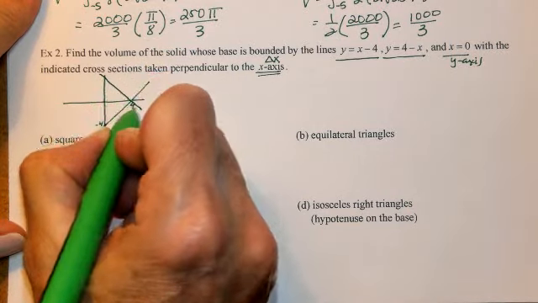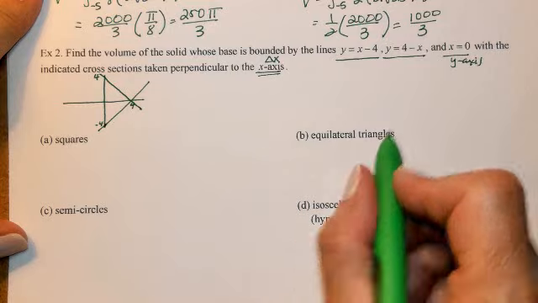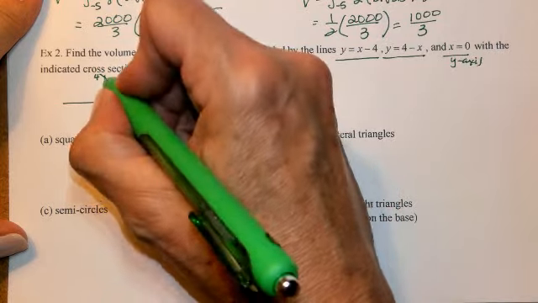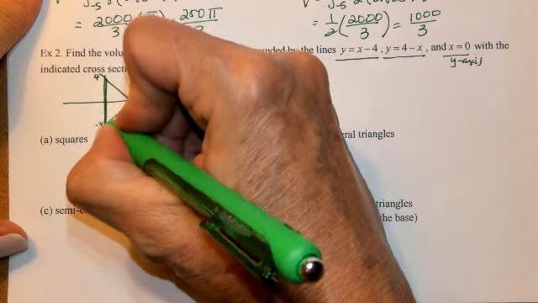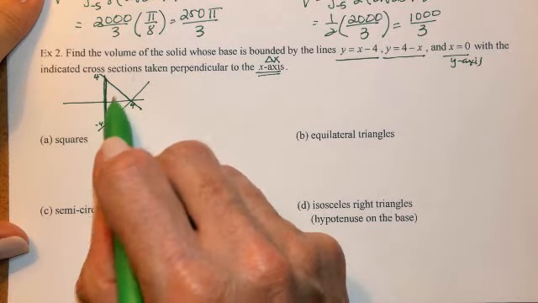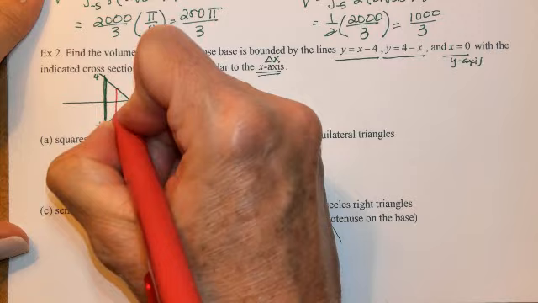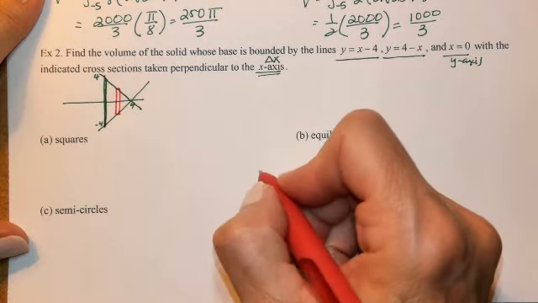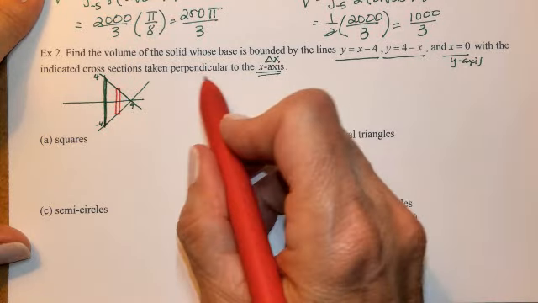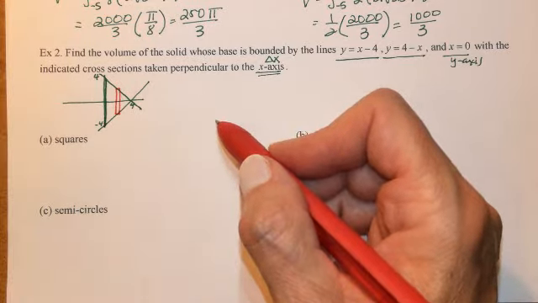So something like that. Okay? And then the y-axis is also a boundary. So where's your region? Well, we see the region, it's right here. Begin by drawing a little representative rectangle where you need it. That will help you visualize, okay?